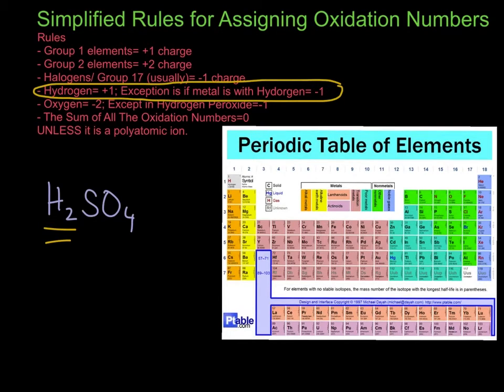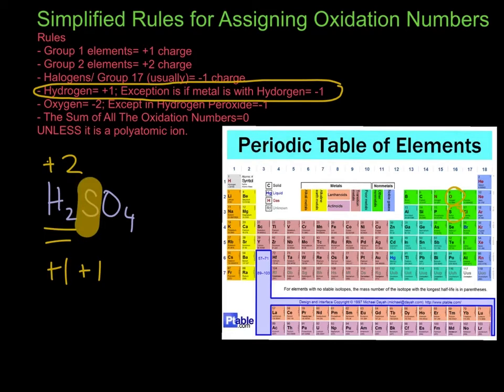Sulfur is not a metal, as seen over here, and neither is oxygen. So we know it's going to be +1, but since we have 2 atoms of it, we have to add another one, so it's going to be +2 overall.